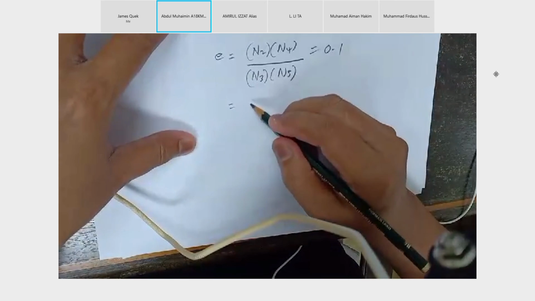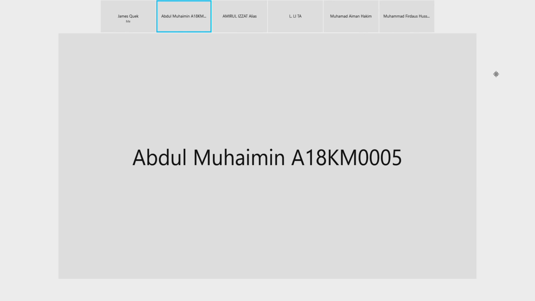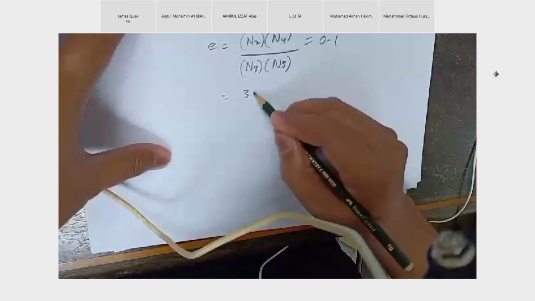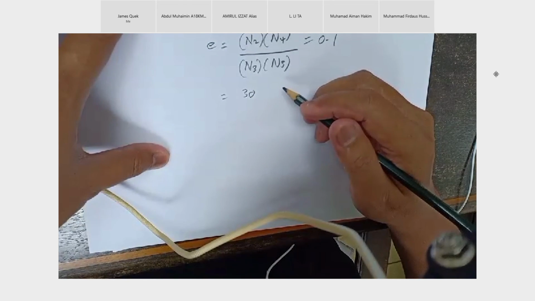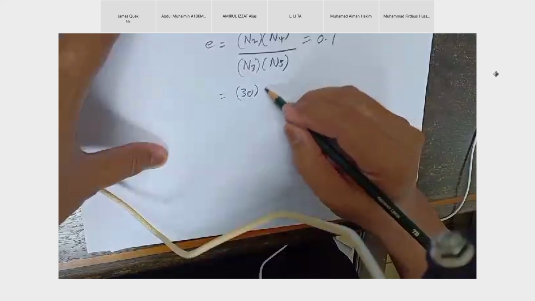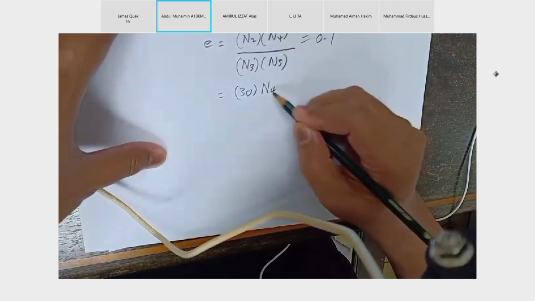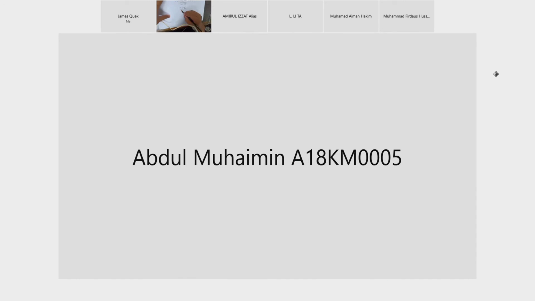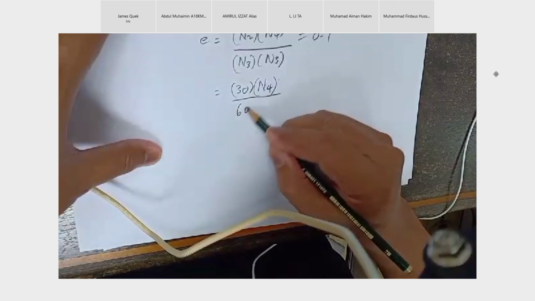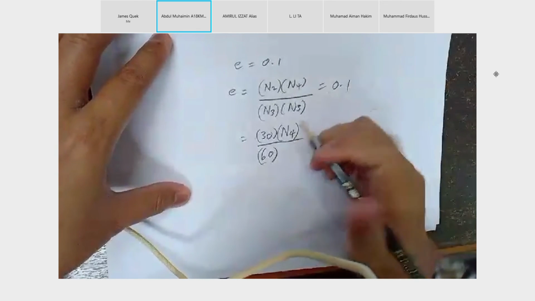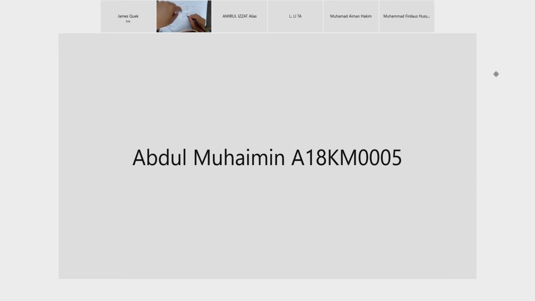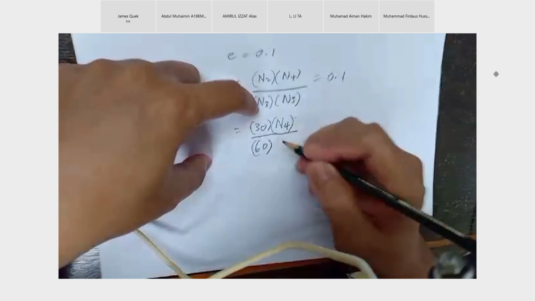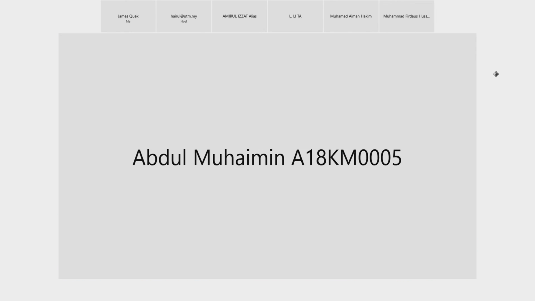Gear 2, number of teeth? In the question, the gear teeth of gear 2 is 30. N4 is unknown, this is what we want to find.